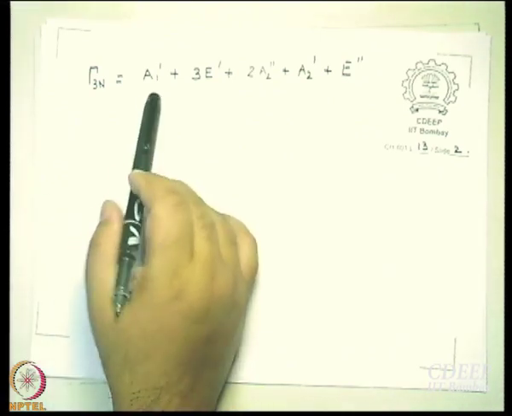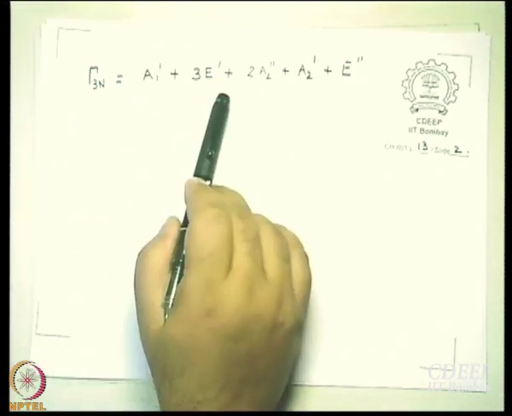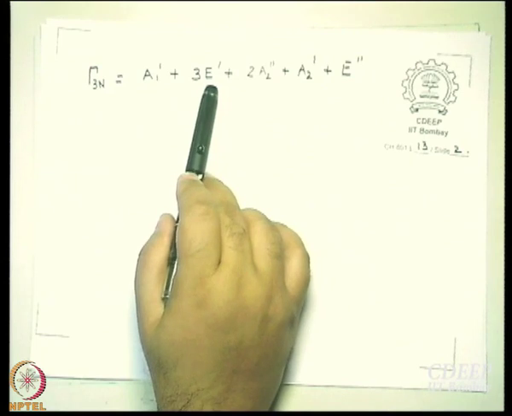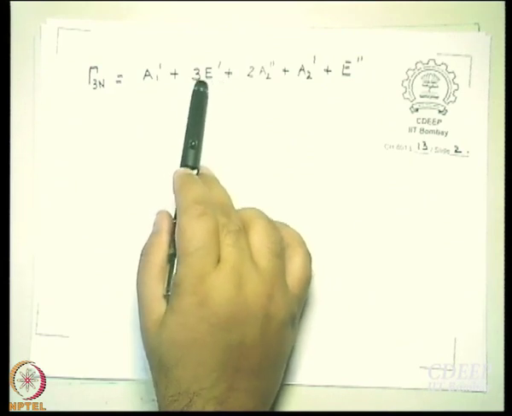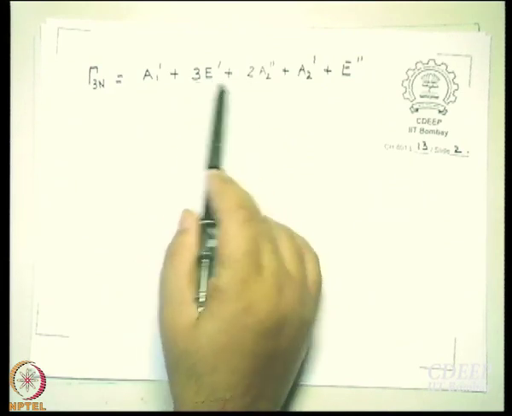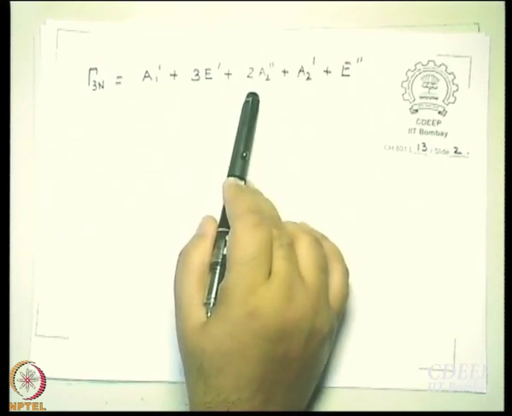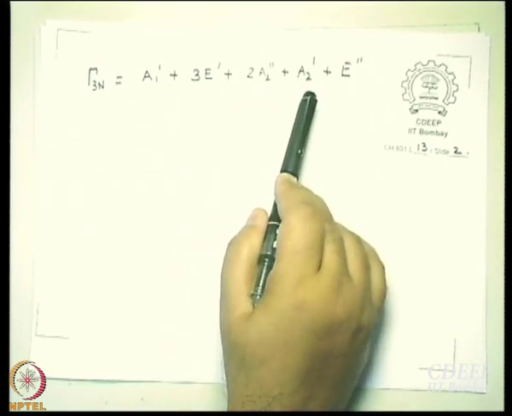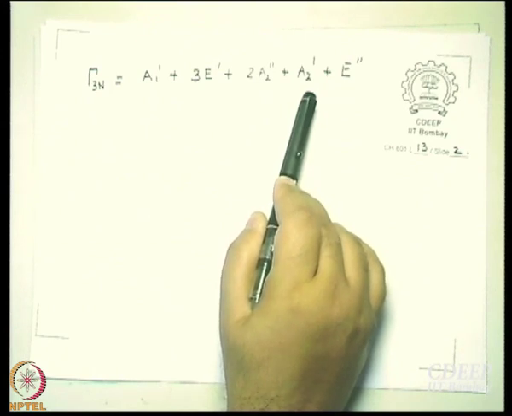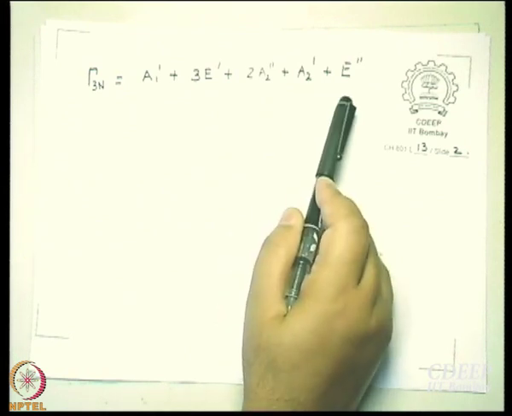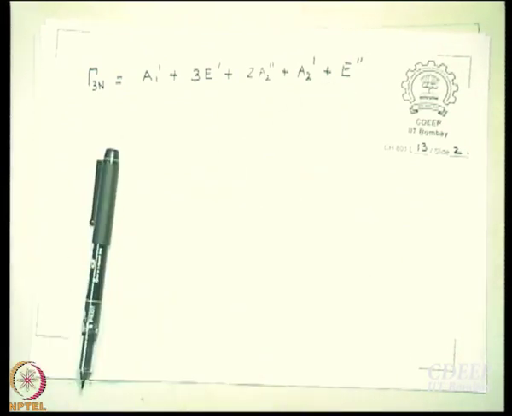So, dimensionality here is 1, dimensionality of E dash is 2, and there are 3 such. So, 2 into 3 is 6, 7, 7 plus 2 plus 1 plus 1, 8, no 10, and E double dash 2, that is 12.